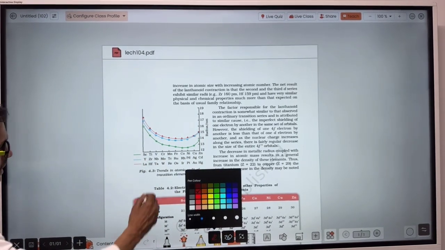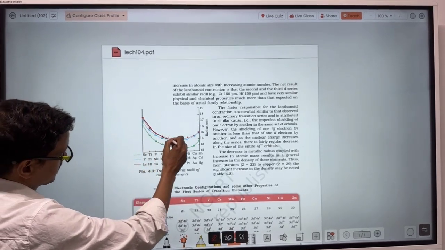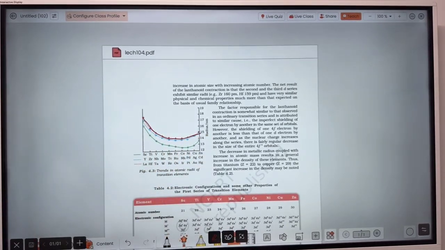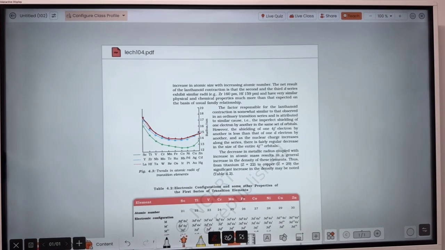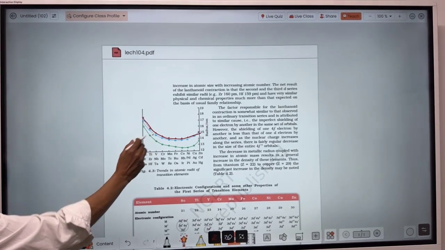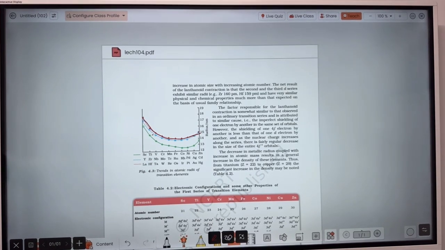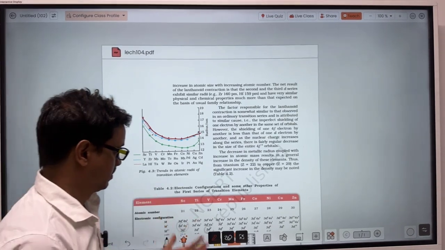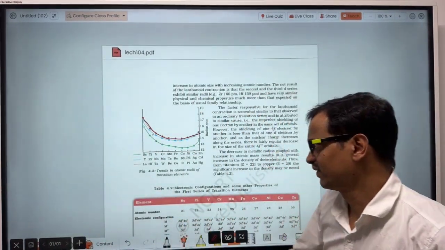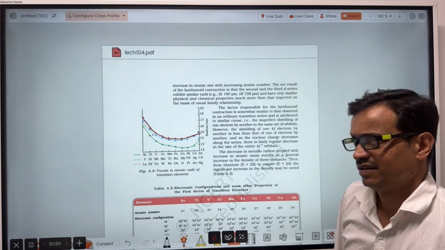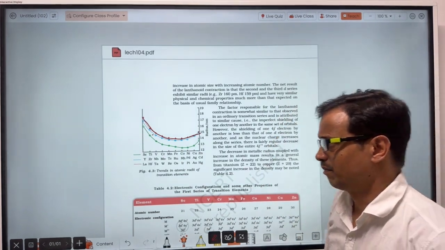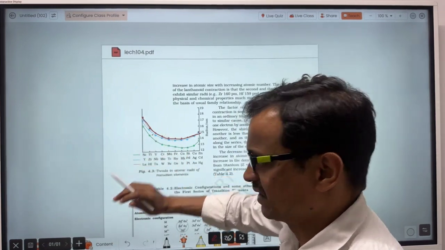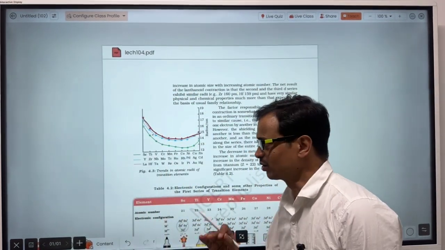But what happened here? The elements of the 5d series possess approximately the same atomic radii as those of the 4d series in their corresponding group. The elements of the 4d series possess significantly greater atomic radii than the 3d series in their corresponding group.